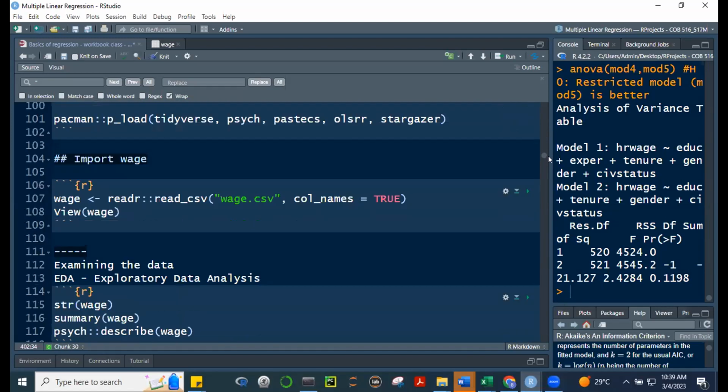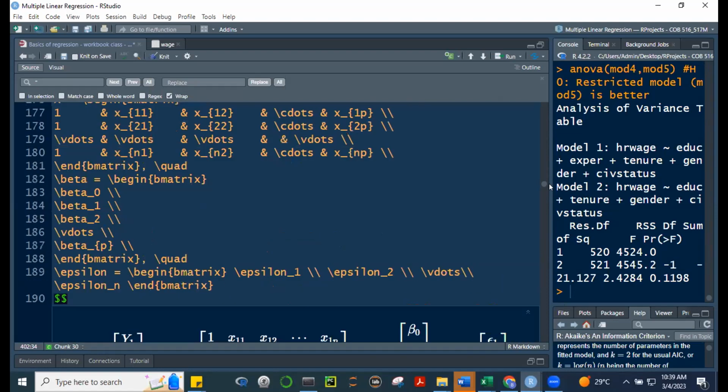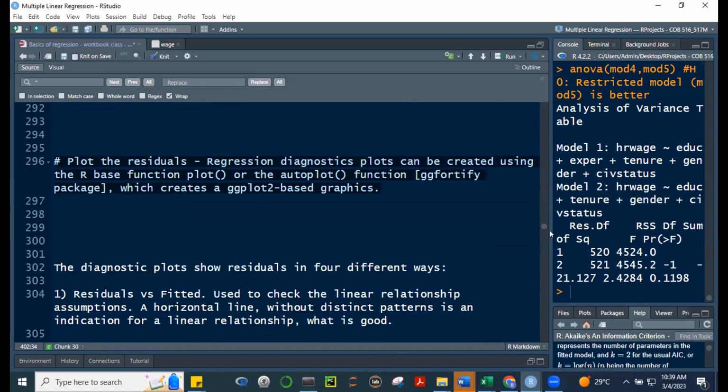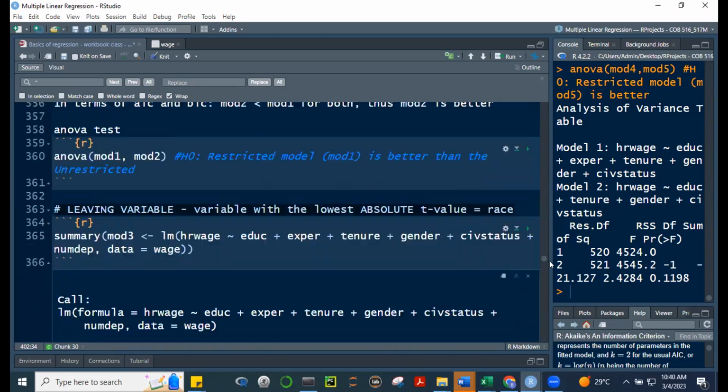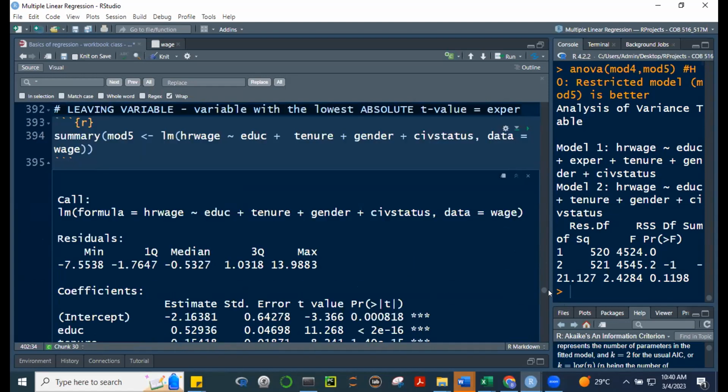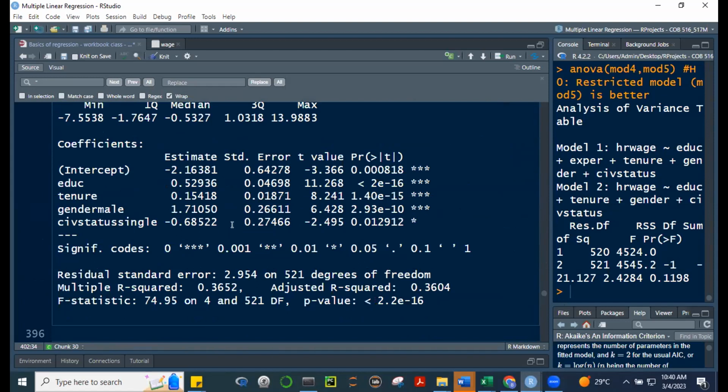Our final model is model number 5, and the equation for model number 5 is, this one: negative 2.16 plus 0.53 times education plus 0.15 times tenure plus 1.7 times gender, and then negative 0.68 times civil status.